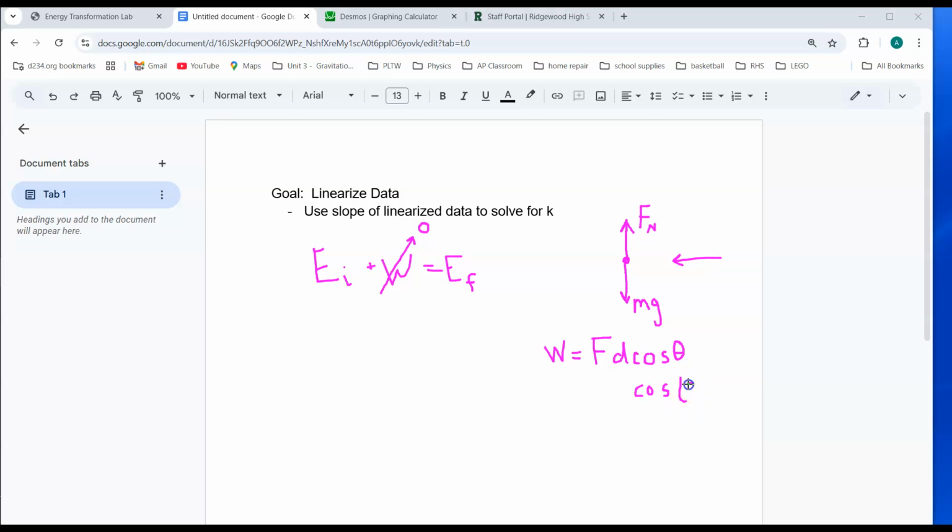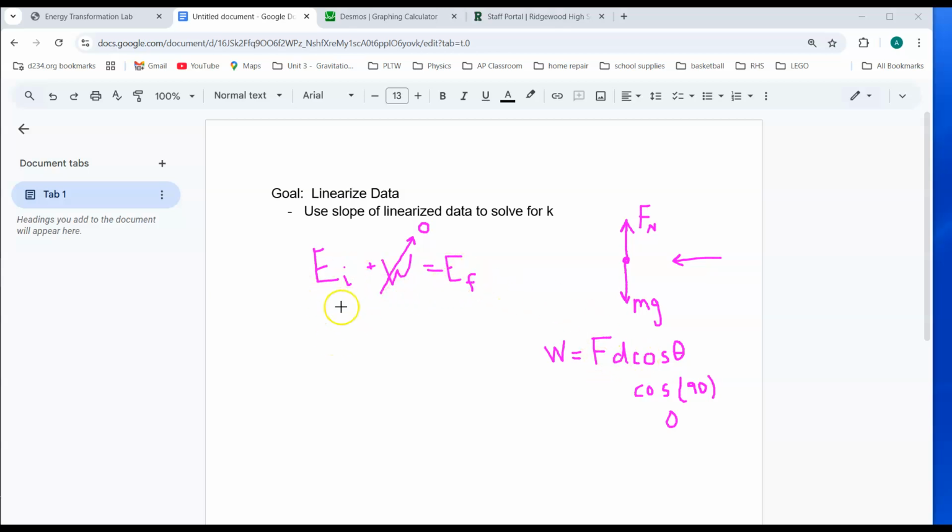Make sure you're in degrees on your calculator. And if that's true, then that means there is no work being done when the angle is 90. So both of these forces are perpendicular to the direction of motion, so they're not doing any work at all.